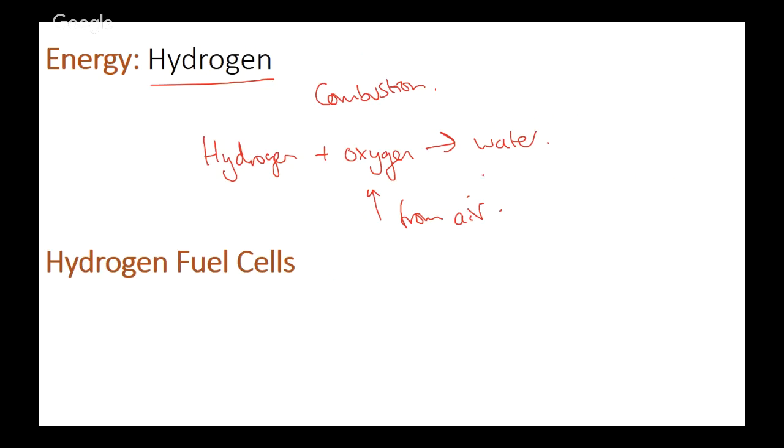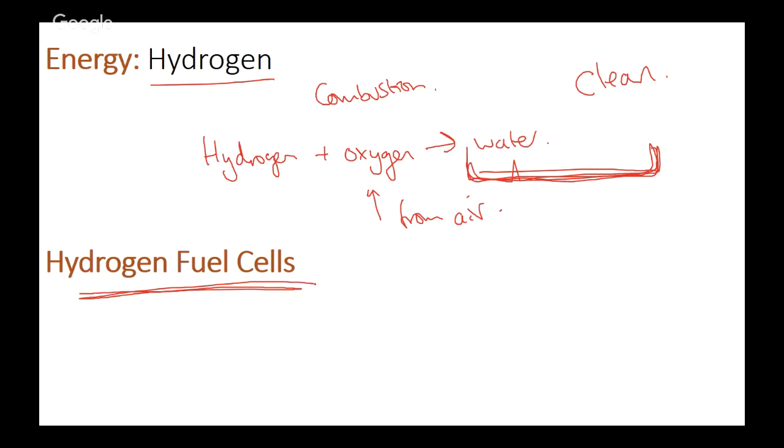And the advantage of this, obviously, is there's no carbon dioxide as a product. Unlike other fuels that are producing carbon dioxide linking to global warming, this is simply producing water, so it's a clean fuel.